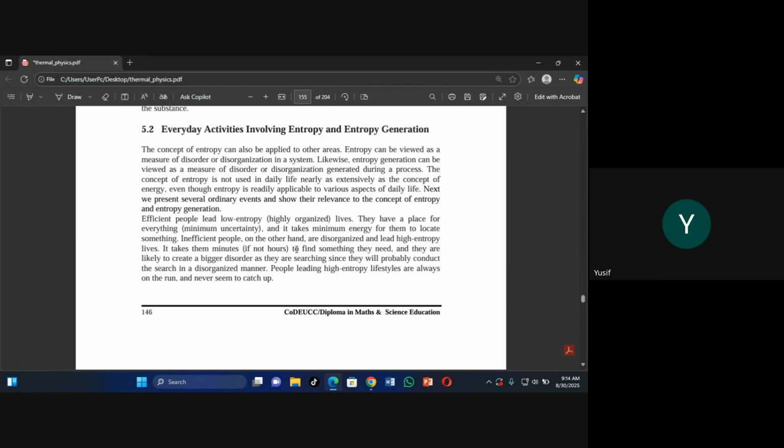Why? Because if you are coming from Accra to Cape Coast, ideally 4 hours, you have to be here. So if by 4 hours I call and you are not in Cape Coast, probably it means you've stopped somewhere.